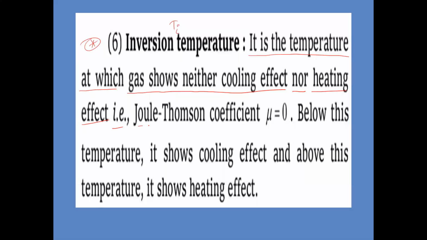That is, the Joule-Thomson coefficient mu is equal to 0 exactly at the inversion temperature, because dT, the change in temperature, is 0. That's why mu also will be 0.